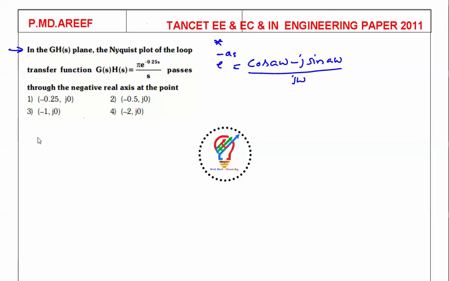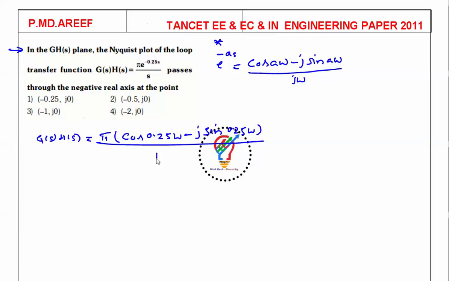Now we take the transfer function G(s)H(s) equal to pi times e^(-0.25s) divided by s. Instead of writing e^(-0.25s), I substitute this formula, where I get cos 0.25 omega minus j sin 0.25 omega, divided by j omega.